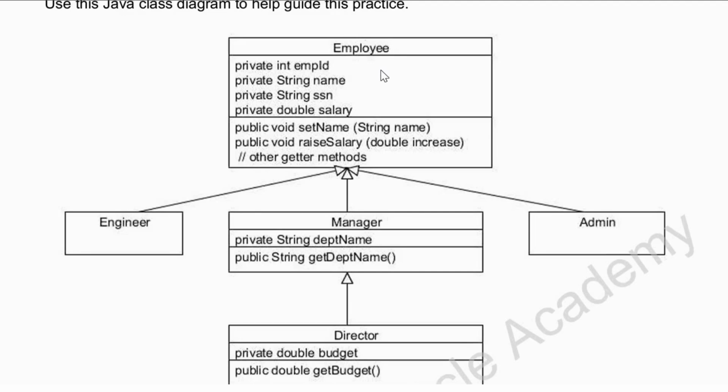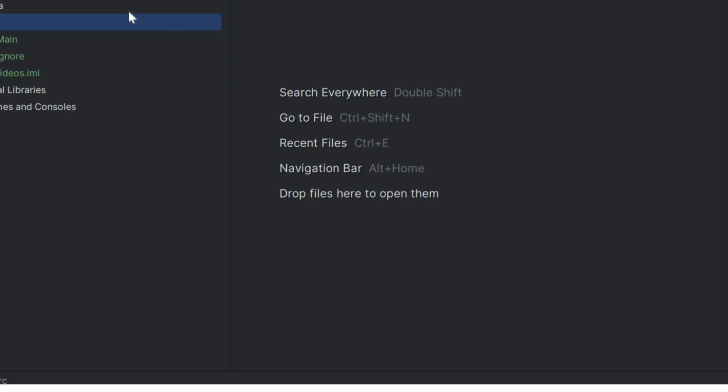So first, we need to create our employee class, define its constructors, and define the getters and the setters, and also other methods that we may find necessary. So let us go to my code editor.